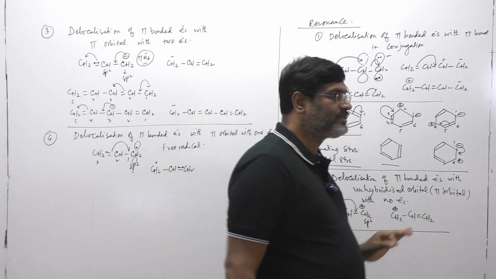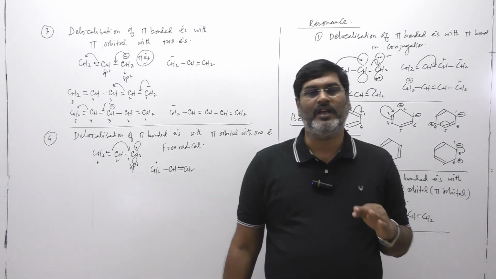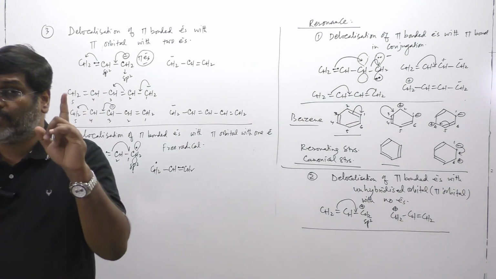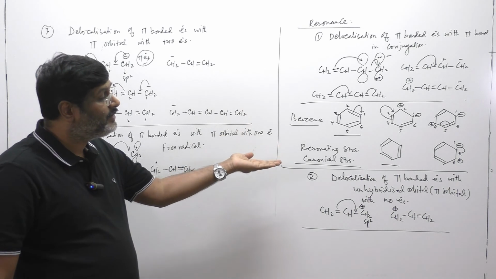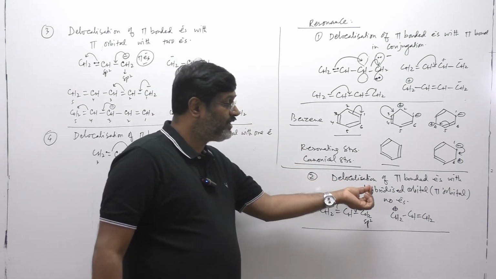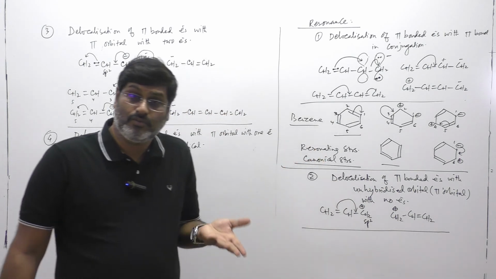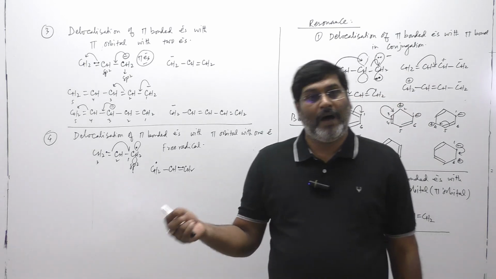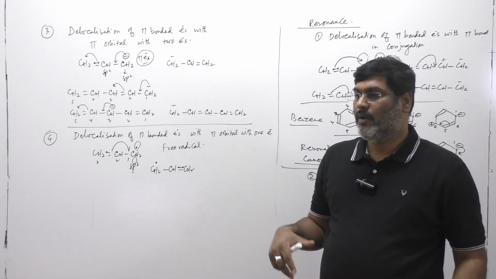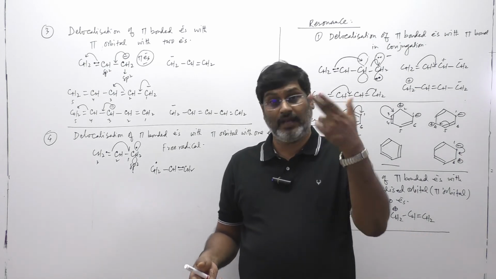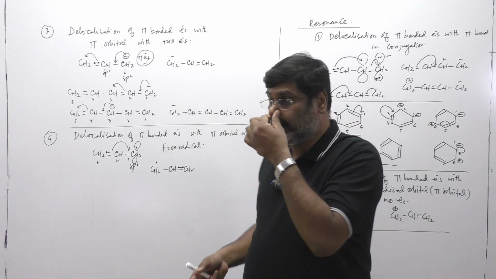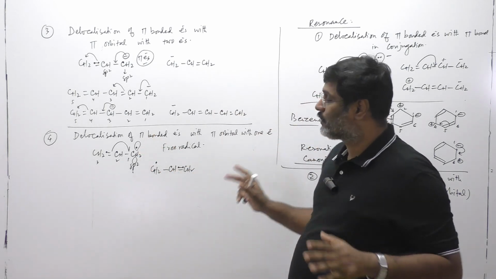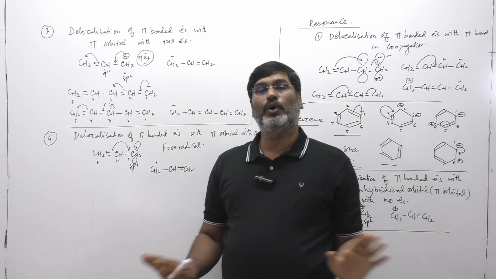We have delocalization in these 4 categories only: delocalization of pi bond with pi bond; of pi bonded electrons with an unhybridized pi orbital with no electrons, which we call carbocation; with a pi orbital with 2 electrons, carbanion, that is a negative charge; and with a pi orbital with 1 electron, free radicals. Four categories.